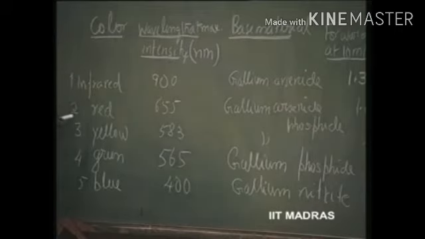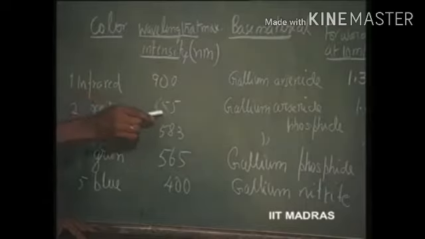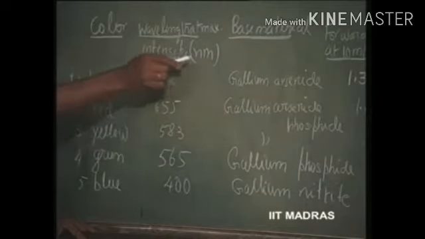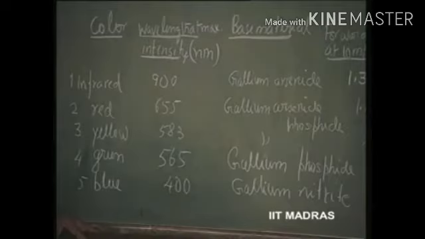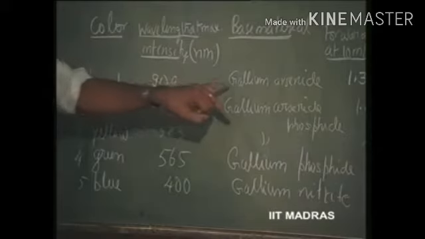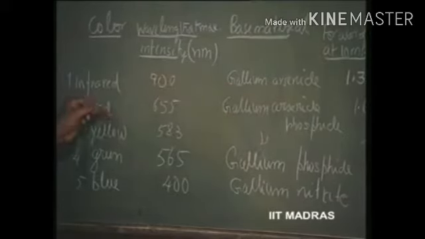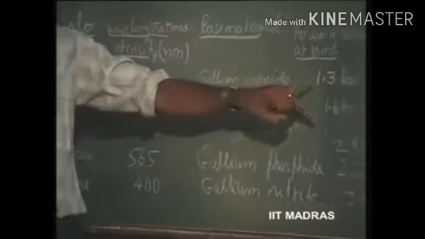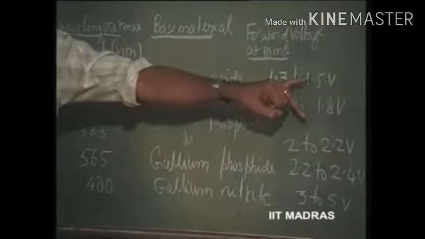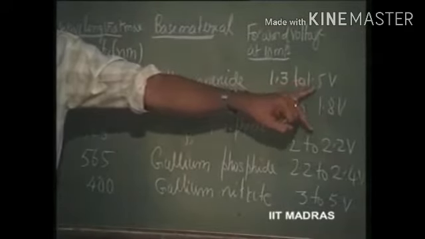Infrared, 900 nanometers, is the wavelength of this particular light, and gallium arsenide is the material which gives you this color, and the forward voltage is 1.3 to 1.5 volts.